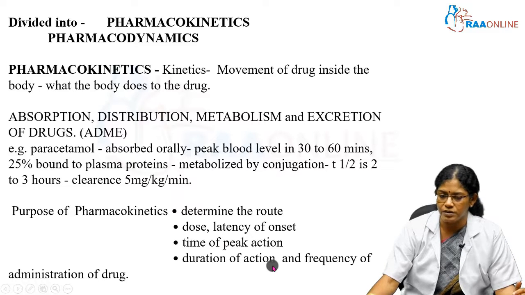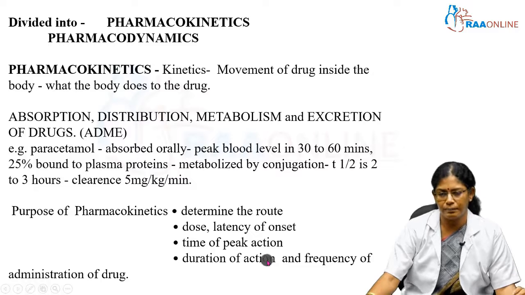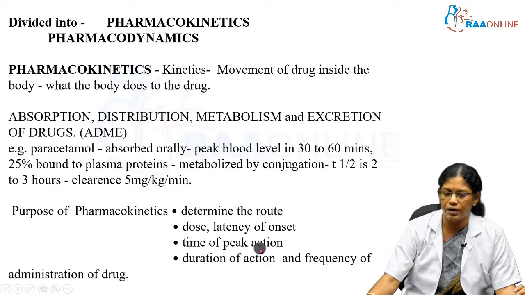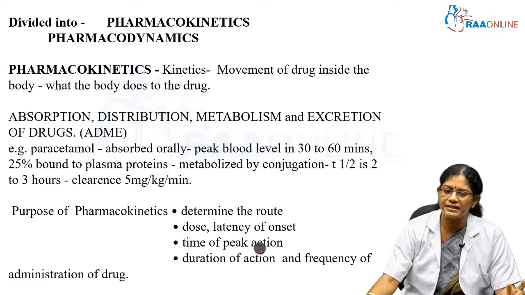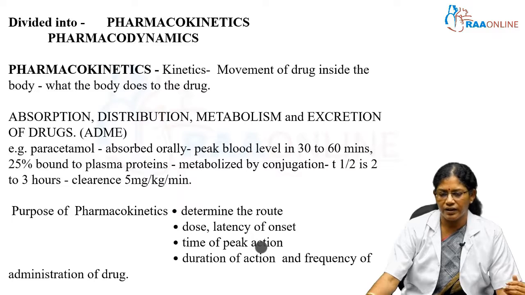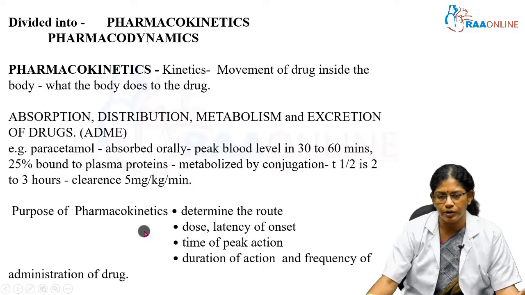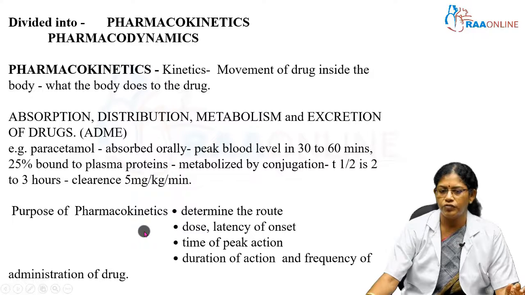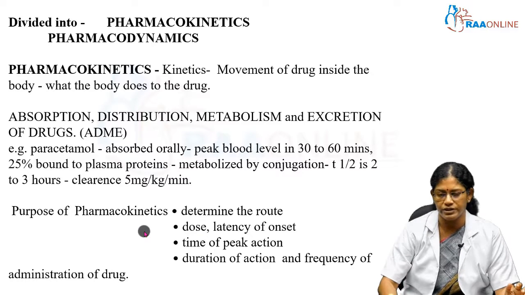That means at a particular peak plasma concentration, the drug has an antimicrobial effect. It kills the bacteria. After the drug effect wanes off, we take the next dose of the drug. All these things are decided mainly because of pharmacokinetics. So pharmacokinetics plays a very important role in understanding pharmacology.